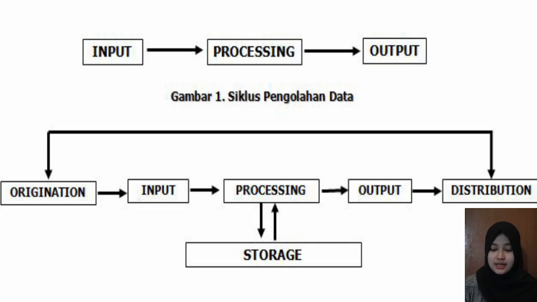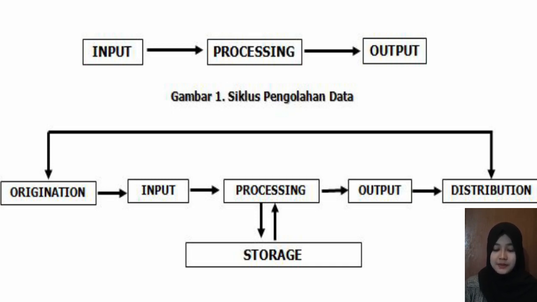Alright guys, this is a sample image of how the data processing cycle in the SIA works. As we discussed earlier, the cycle starts from the data input, data processing, data storage, and information output.